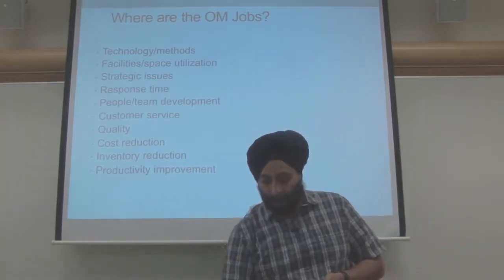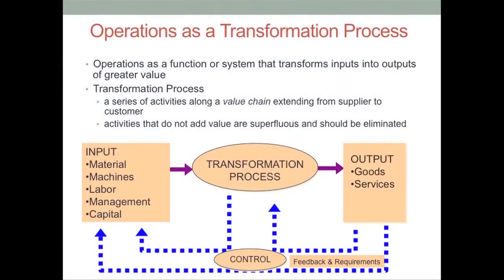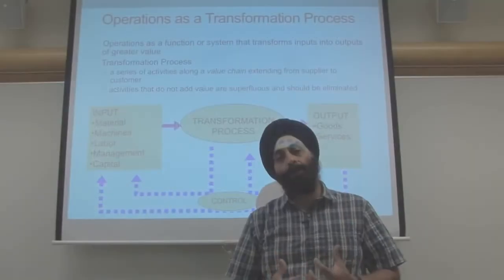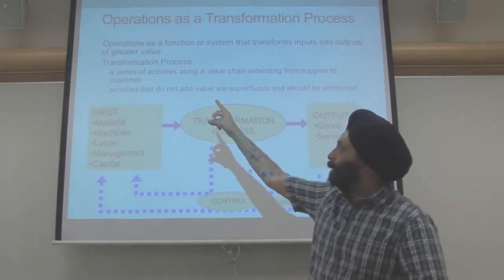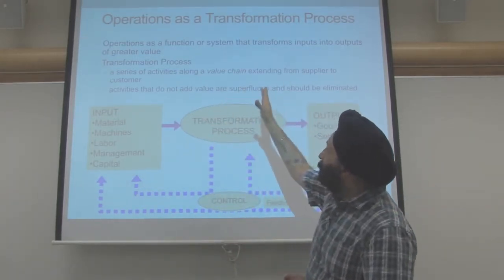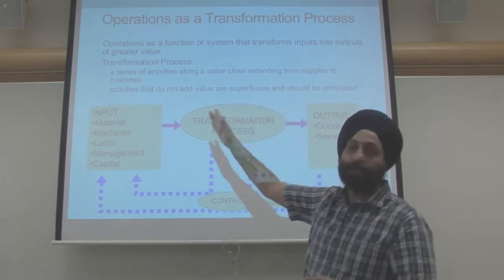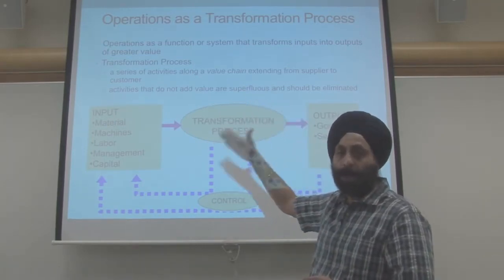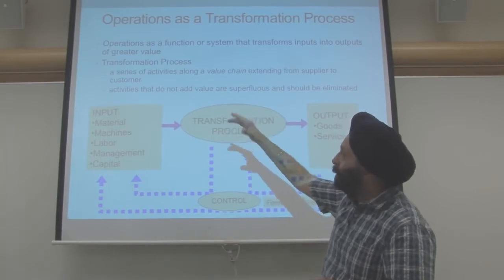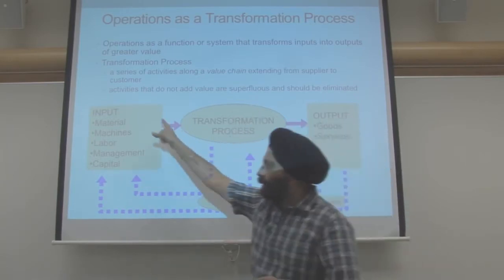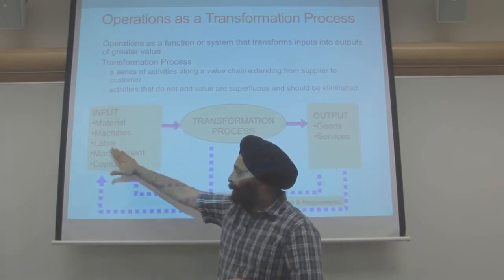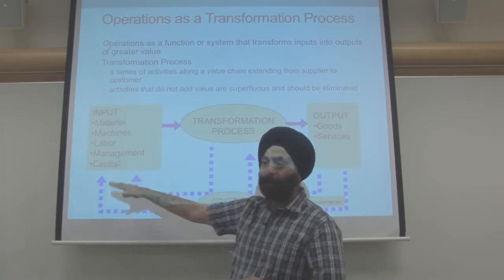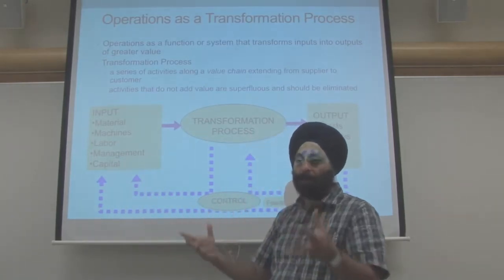So given this, operations can now be viewed as a transformation process. In this case, you can see operations, which typically is a system that transforms inputs into outputs that are of greater value. So the transformation process that you see is you have the inputs, which can be material, machine, people, management, capital, which could be not just the dollars, but other resources.